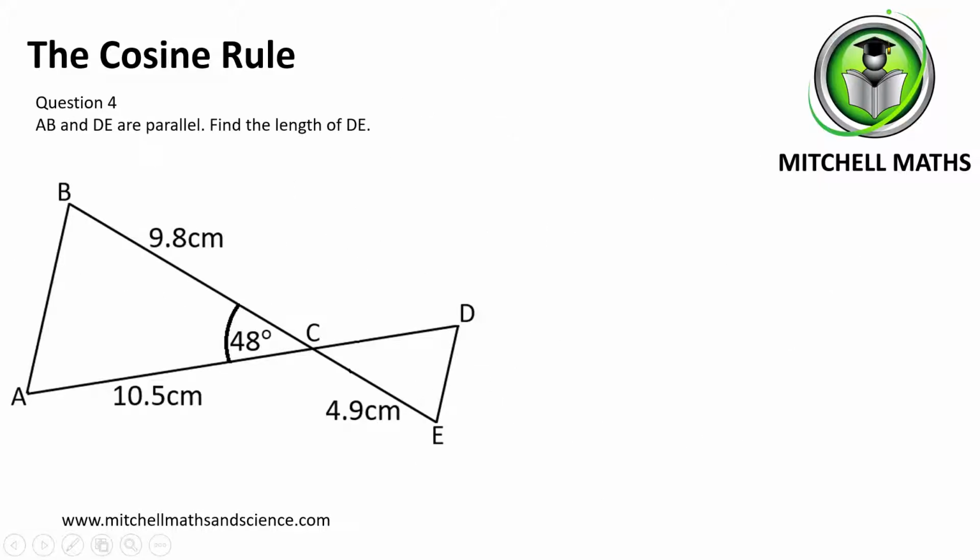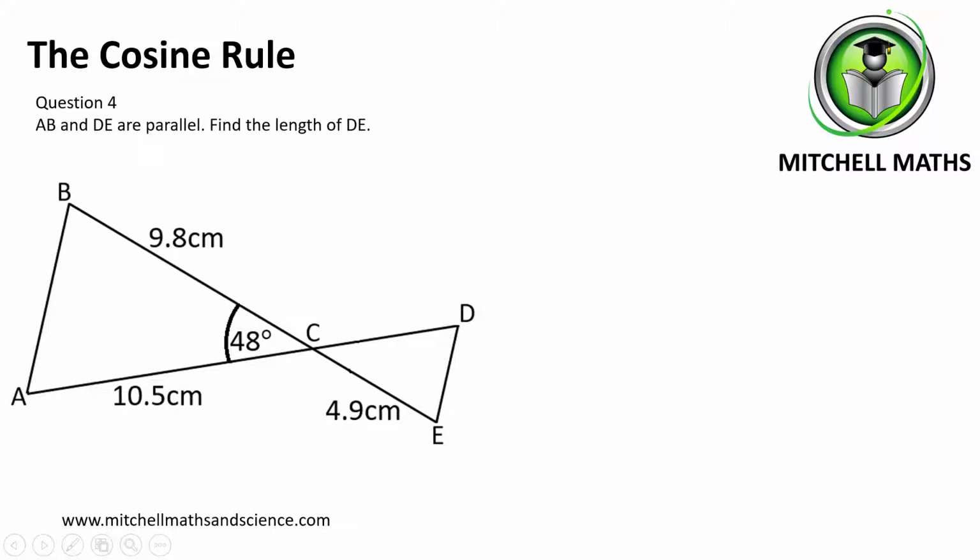Right, we'll have a look at a bit of a different question. So this one's quite different. It says AB and DE are parallel. If you look at this type of shape, you'll actually see it in the similar shapes section, and I have another separate video on similar shapes if you need to recap that.